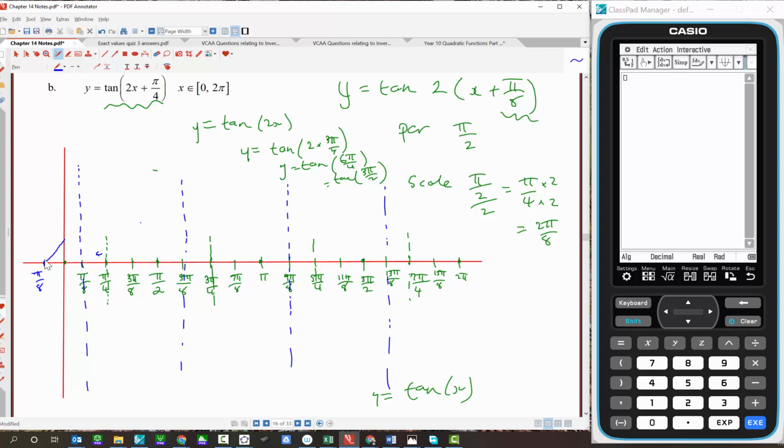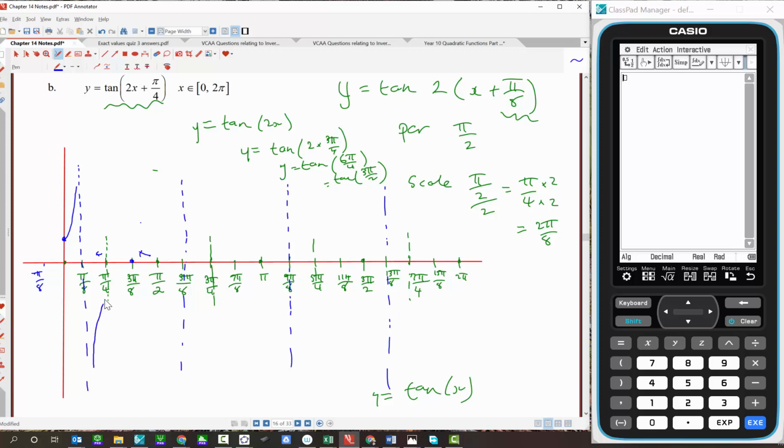Right, so tan would usually go up towards that asymptote, so it moves over, goes up towards this asymptote here, and let's rub this part out because we don't need it. Right, and so we get an endpoint here. That will move to there.